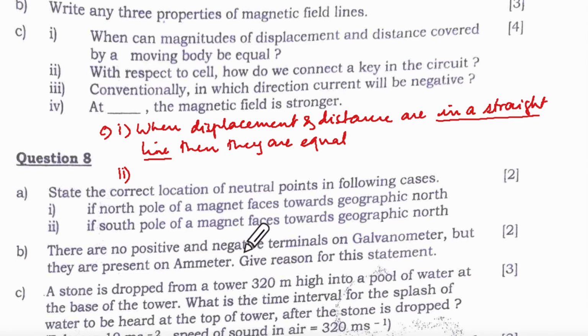Read. With respect to cell, how do we connect a key in the circuit? If there is a cell like this, the key is connected like this, correct? Yes, ma'am. Now go to the key part of the electricity and see how it is connected.